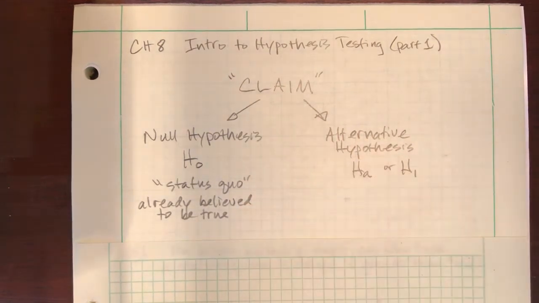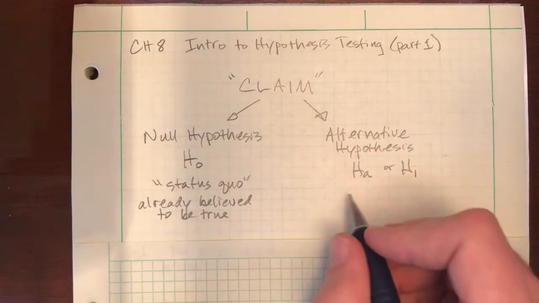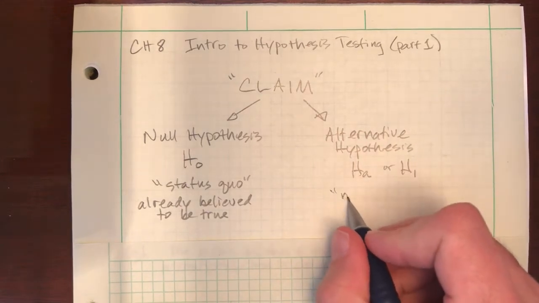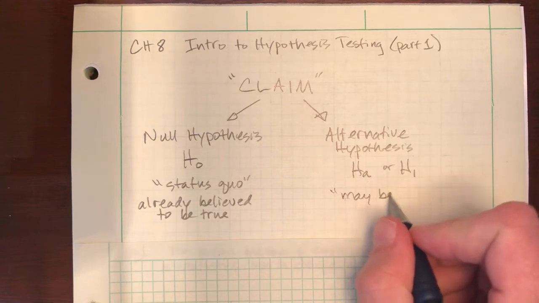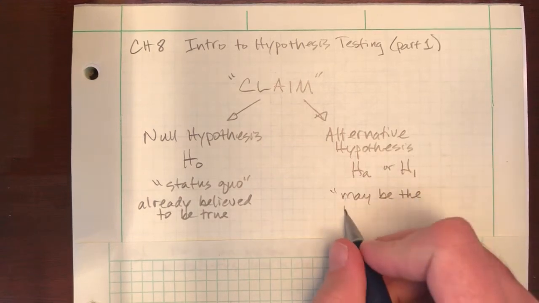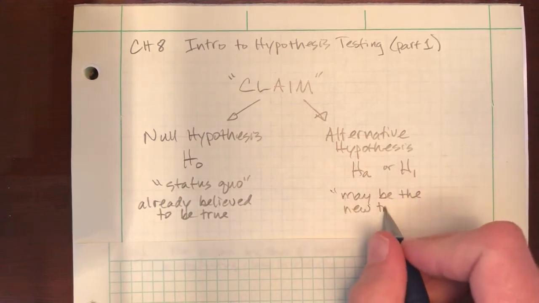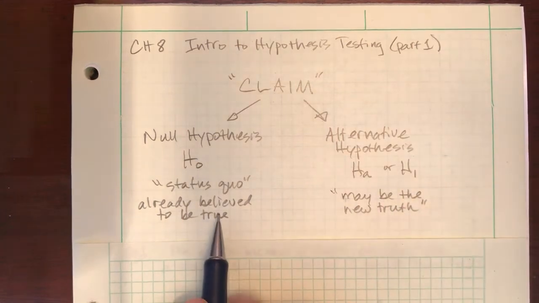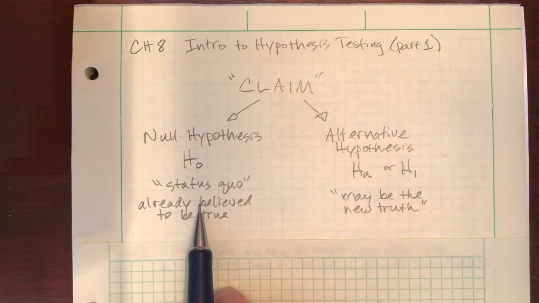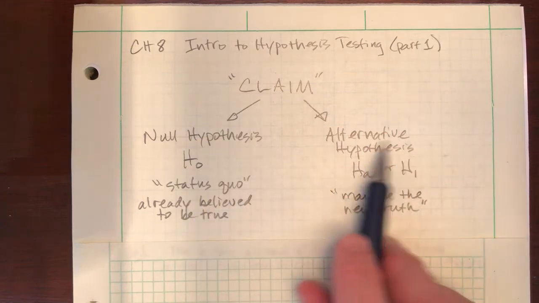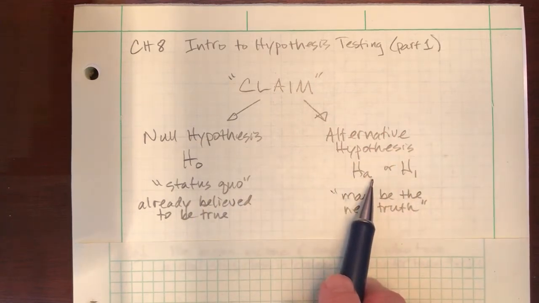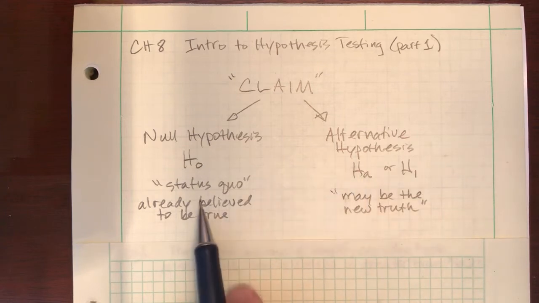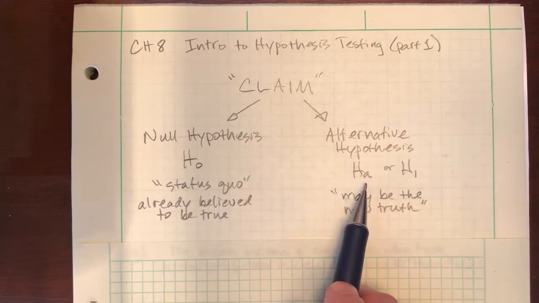The alternative, on the other hand, is something that we think may be the new truth. There's a challenge to the current system. The status quo may say one thing, but there may be new evidence that makes us want to change our minds. And so we've got these two competing statements, again, that can't both be true.